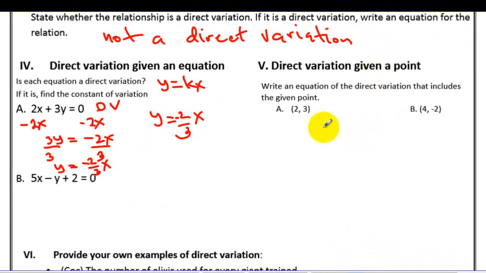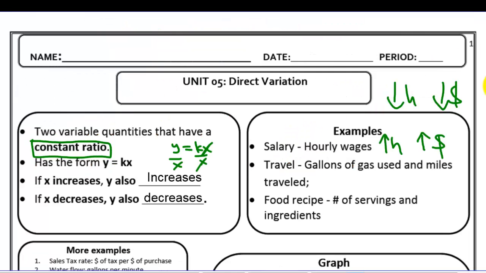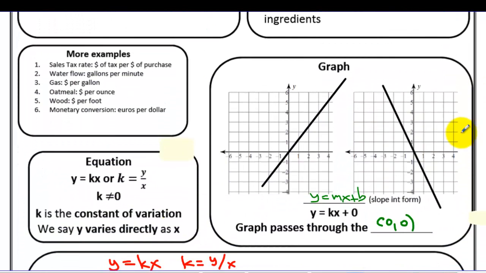Now, what if we have a point? Write an equation of the direct variation that includes the given point. Now, we know that the first number is x, the second number is y. We just need to complete this equation, y equals kx. We said that k in this topic is always y divided by x.